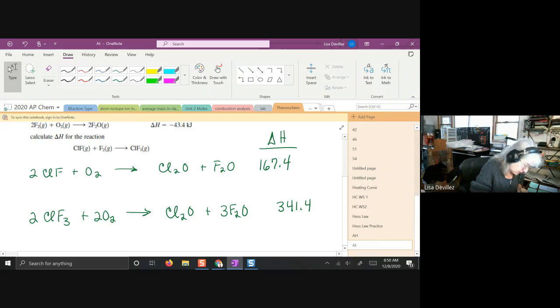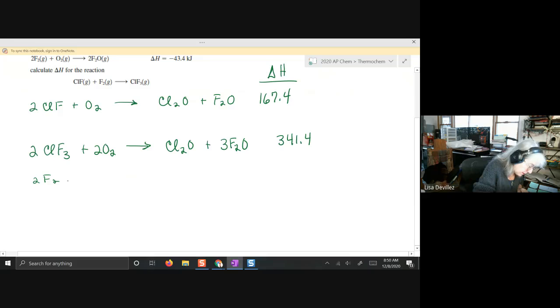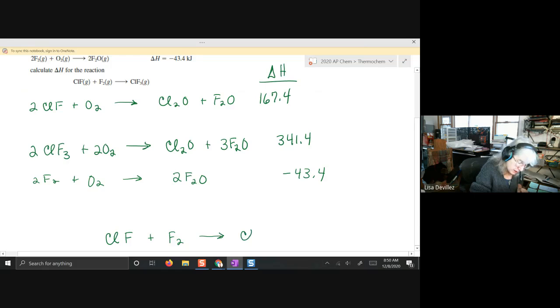And then 2F2 + O2 → 2F2O, minus 43.4. All right, we're trying to get ClF + F2 → ClF3.